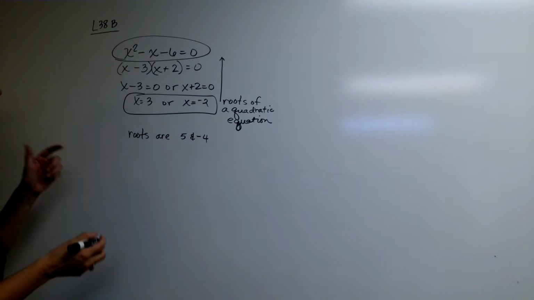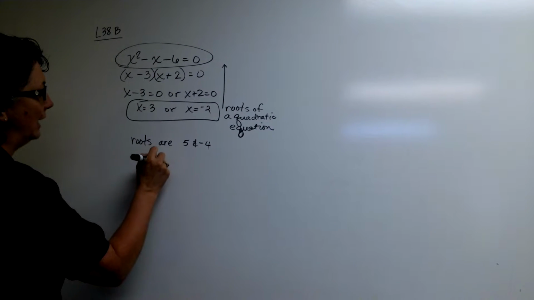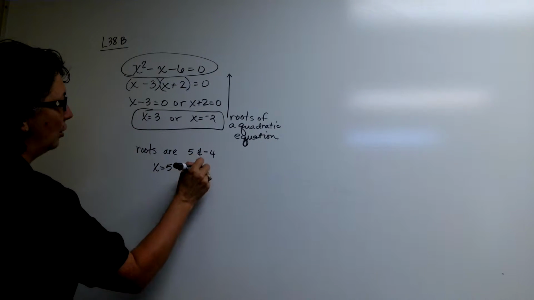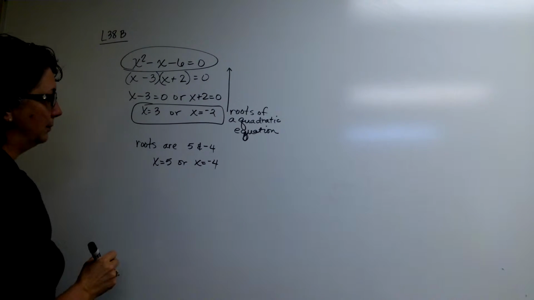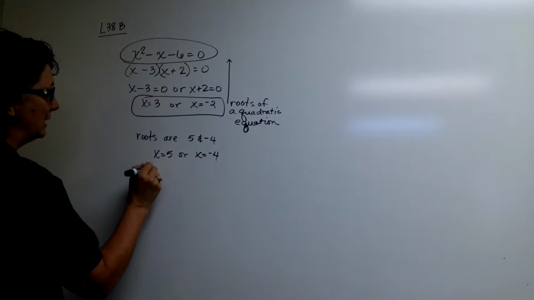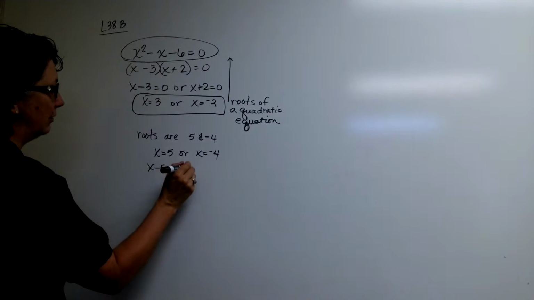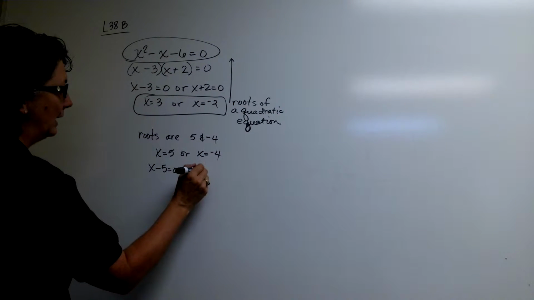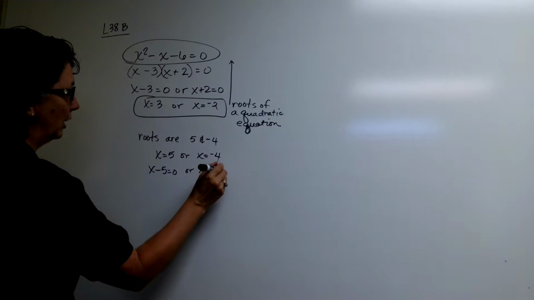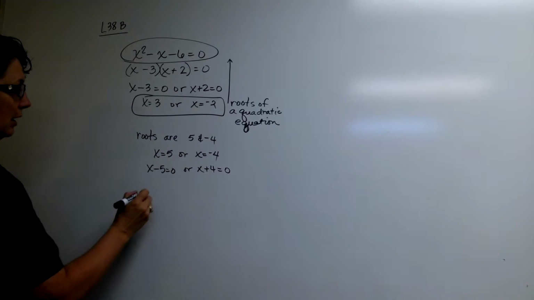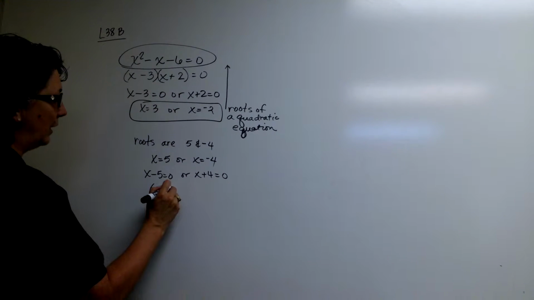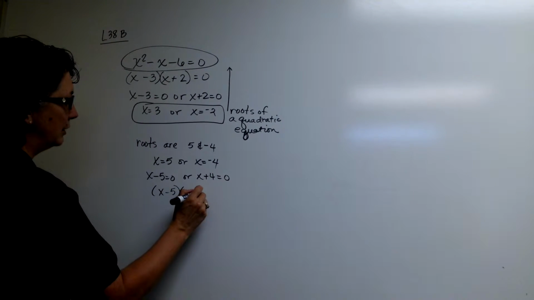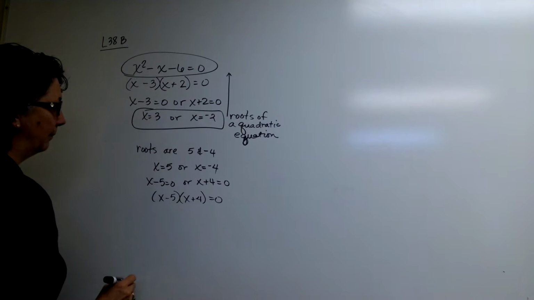Then we know that x equals 5 or x equals -4. So x minus 5 equals 0, or x plus 4 equals 0, which means x minus 5 times x plus 4 equals 0.